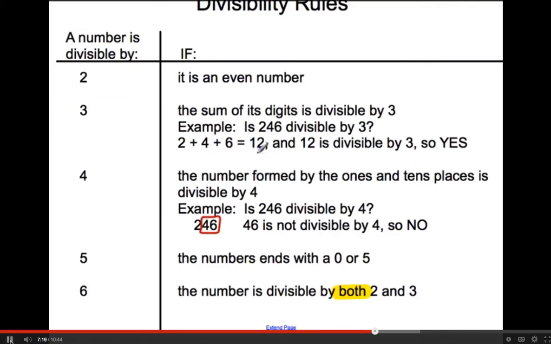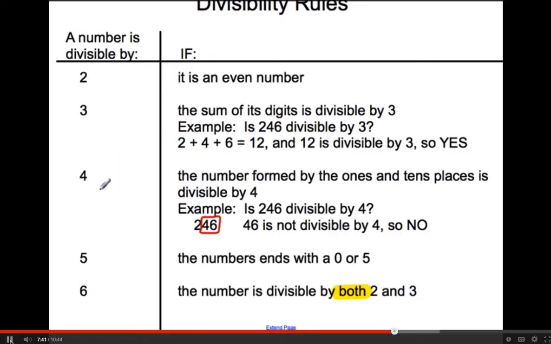That totals 12. Okay, the sum of its digits is 12. And 12 is divisible by 3. So the answer is yes, 246 is divisible by 3. Pretty cool trick, huh? Remember that one because we're going to use a similar trick later.